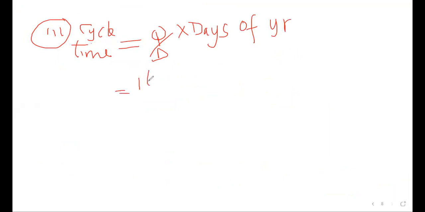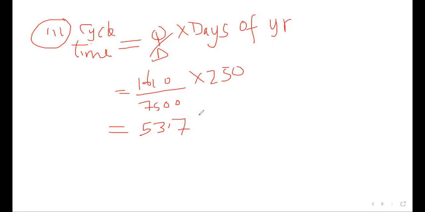So it is 1610 over 75, then multiplied by 250. Meaning 1610 divided by 75, then multiplied by 250 is 53.7 days.